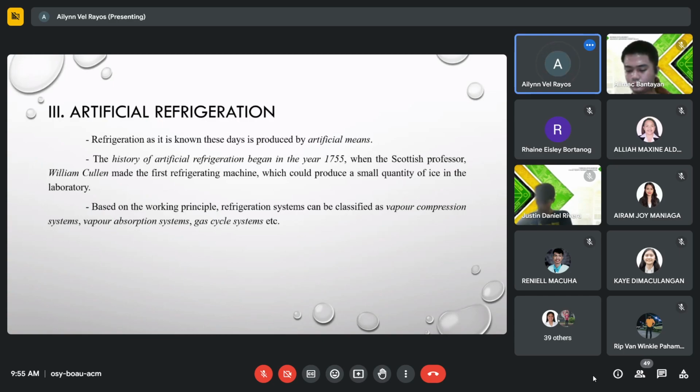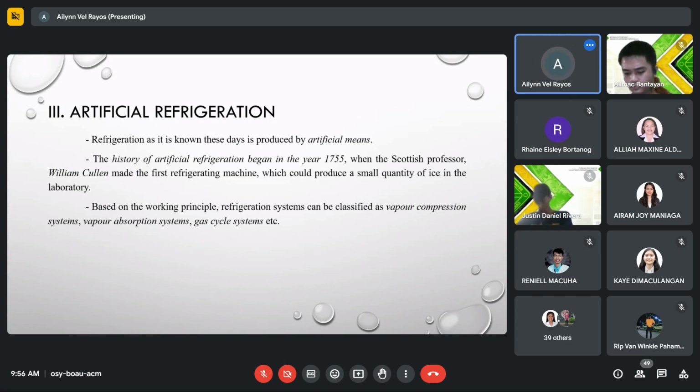The history of artificial refrigeration began in 1755 when the Scottish professor William Cullen made the first refrigerating machine, which could produce a small quantity of ice in the laboratory. Based on the working principle, refrigeration systems can be classified as vapor compression systems, vapor absorption systems, and gas cycles.